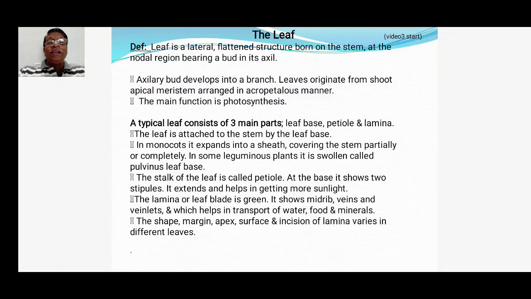Swollen means it is thick, and it is called pulvinous leaf base. In leguminous plants, the base is pulvinous in nature.